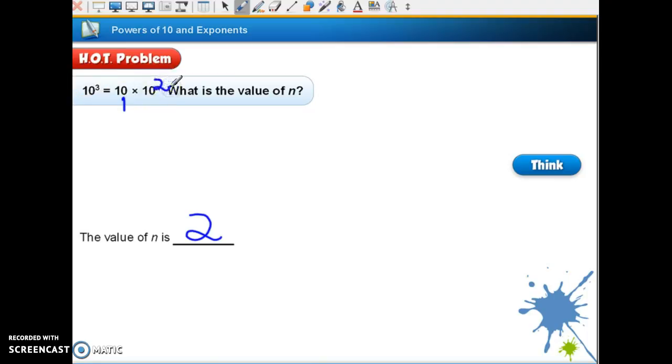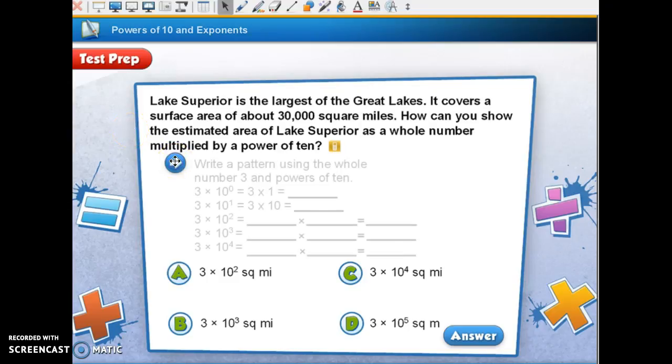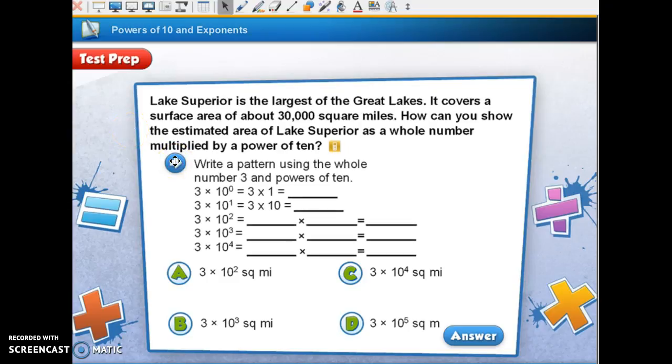2. Lake Superior is the largest of the Great Lakes. It covers a surface area of about 30,000 square miles. How can you show the estimated area of Lake Superior as a whole number multiplied by a power of 10? Use a written pattern. Okay, let's look at the A in that part.